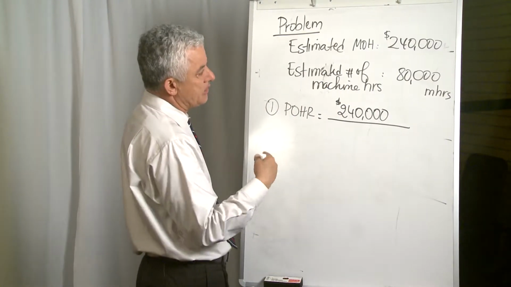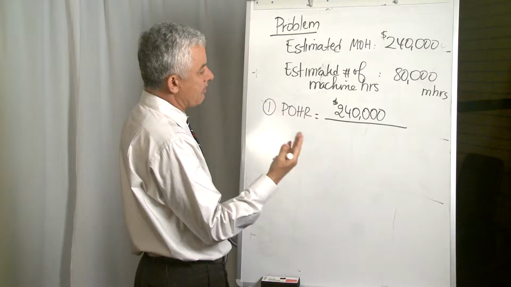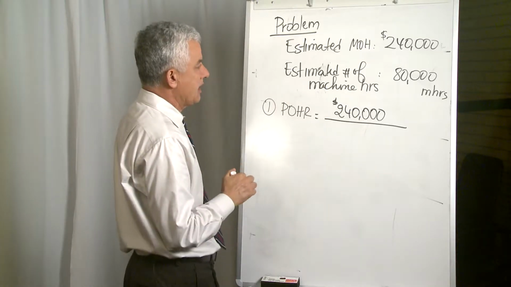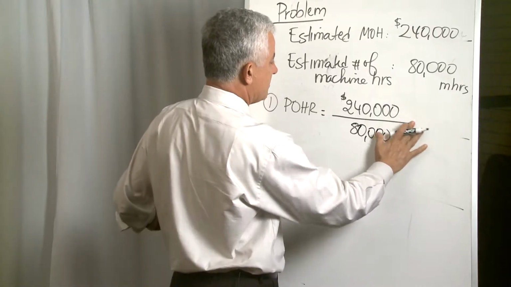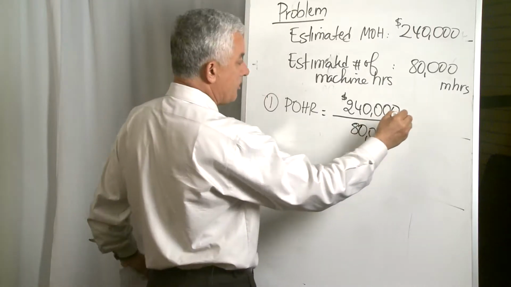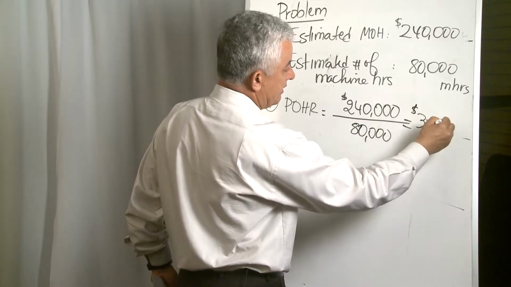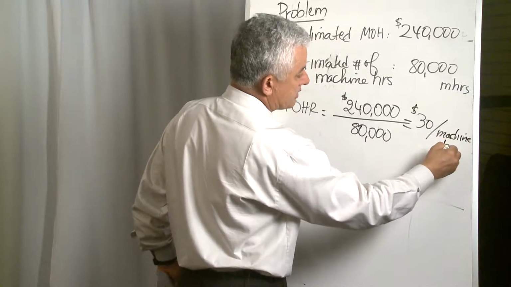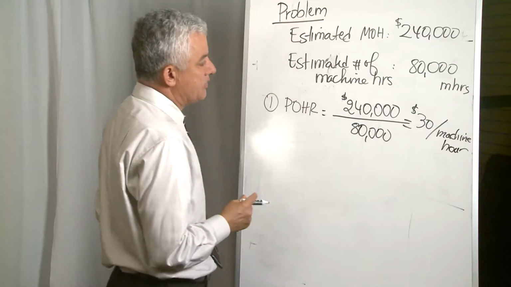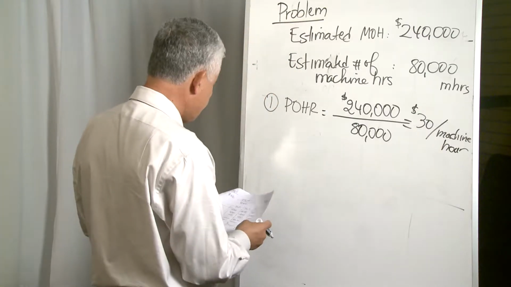The driver of overhead costs here is the machine hours. So we divide by 80,000 and we get $30 per machine hour, which means each time we use 1 machine hour, we have to allocate $30 of overhead cost.